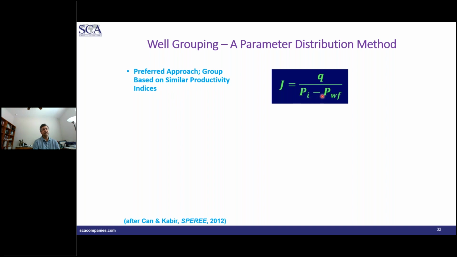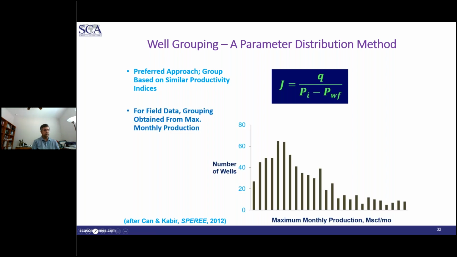But in an unconventional play, we don't have this Pwf in most scenarios. So we said, let's go along with the rate, because everybody has opened their valves all the way, so to speak. When we do that, and let's say these are based on real data, we have this set of distribution. And then the question is, how do we group them?